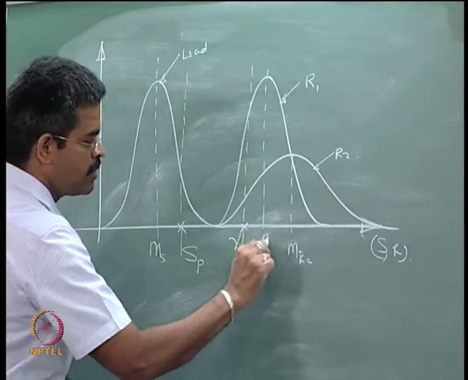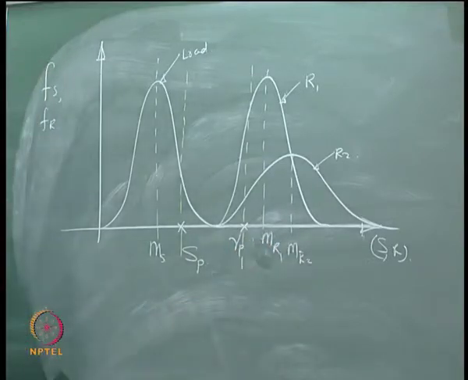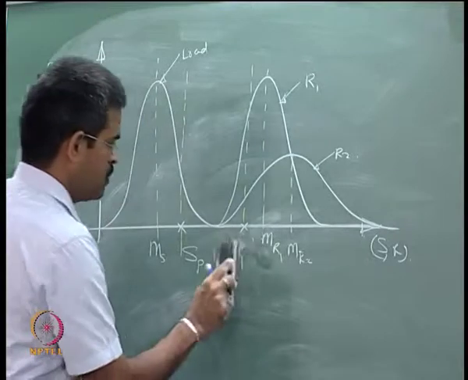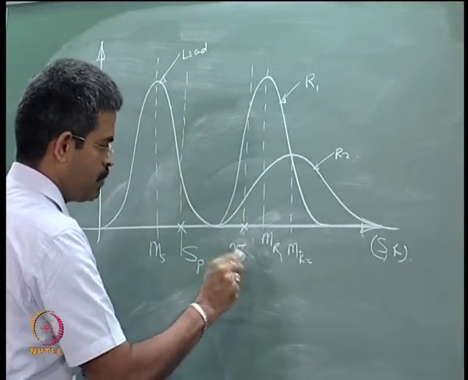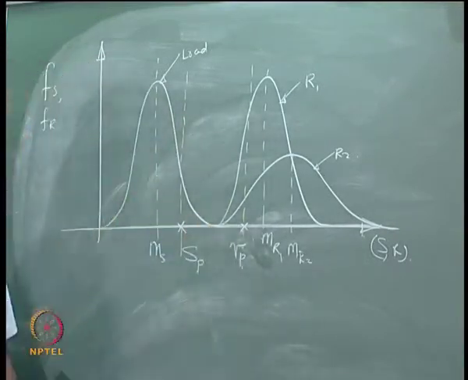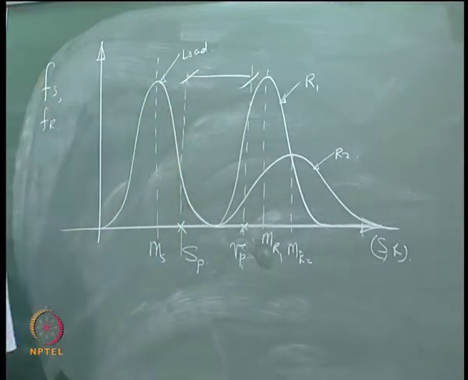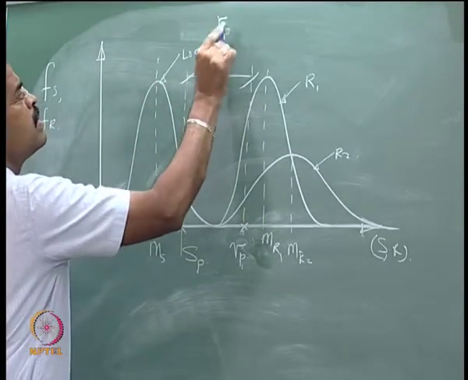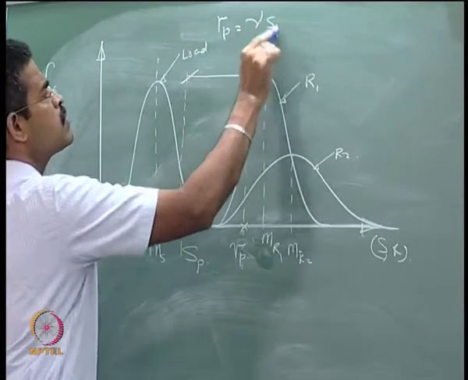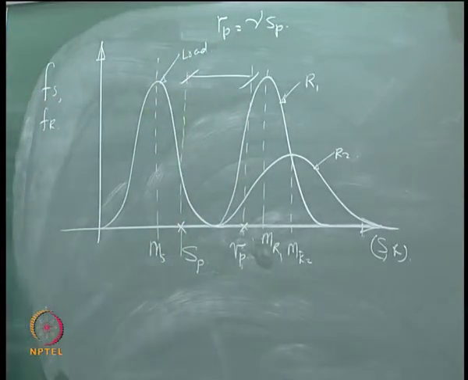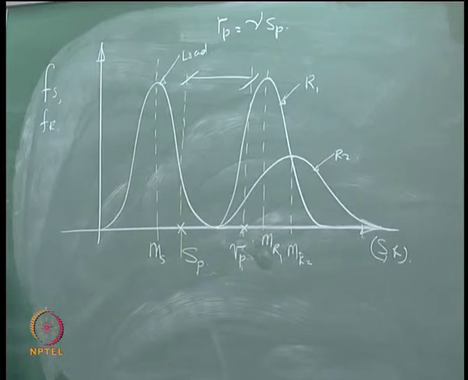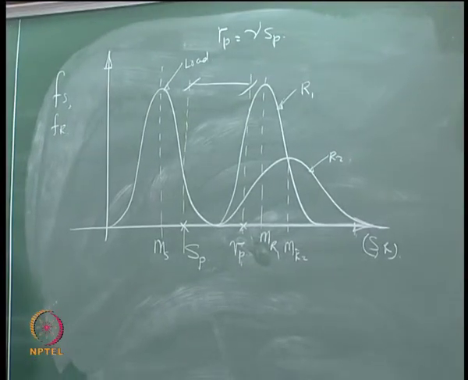I write MR1 here. This is R, not gamma. Let me rewrite it here. This is Rp, this point, and I connect these two as Rp is equal to mu times Sp. So, how do you get this?